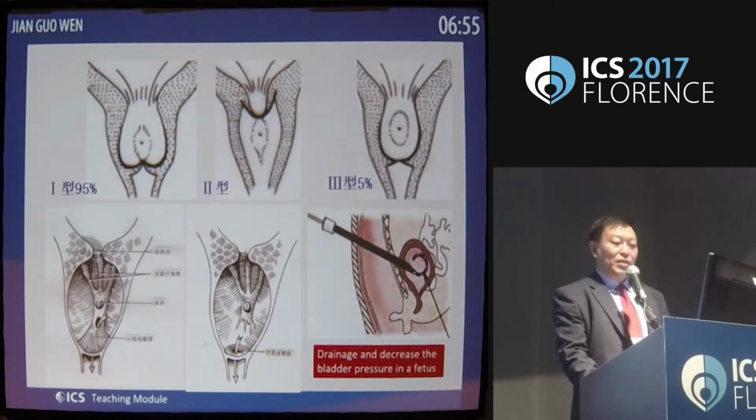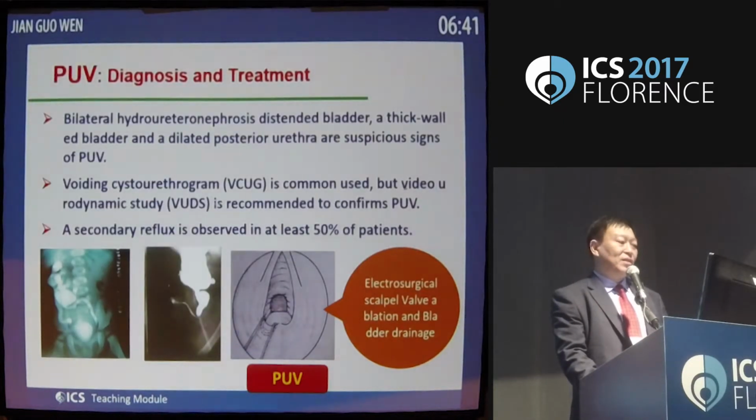Even in the fetus, you can make a diagnosis by ultrasound because the bladder becomes large and you can see the pressure of the bladder in your fetus. So the diagnosis is easy for this syndrome because you usually see both kidney dilatation and urethral reflux.